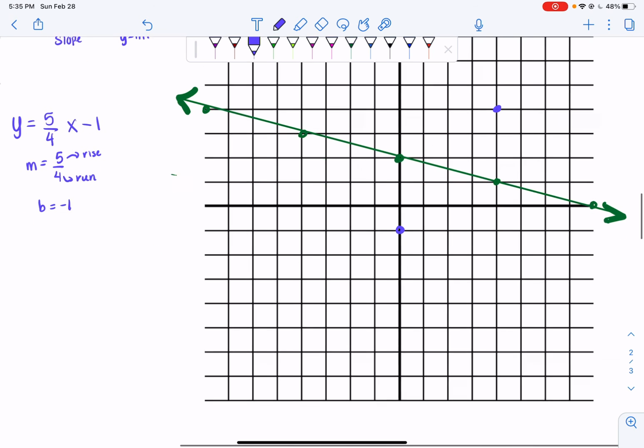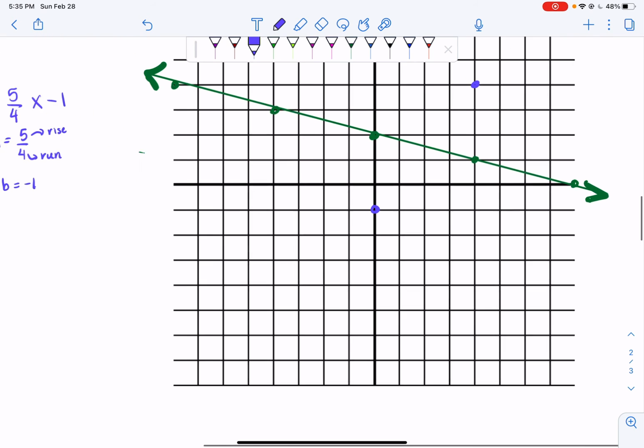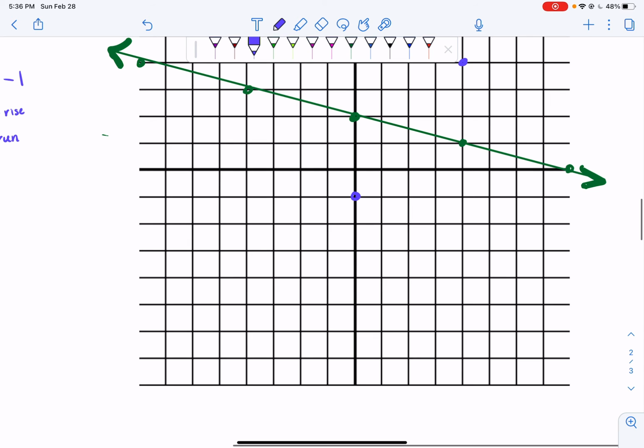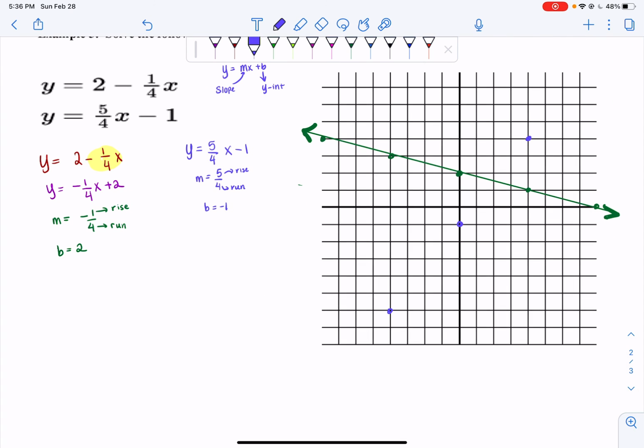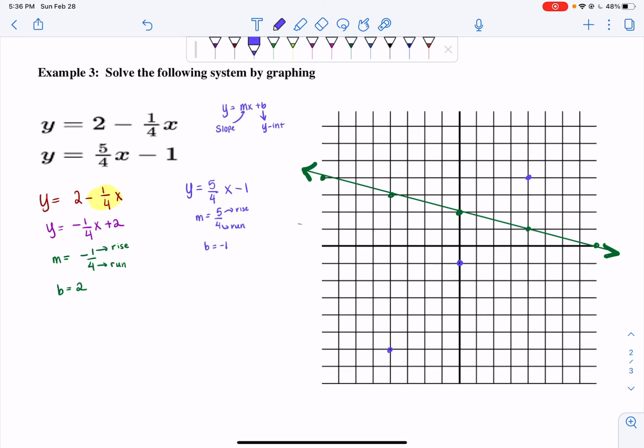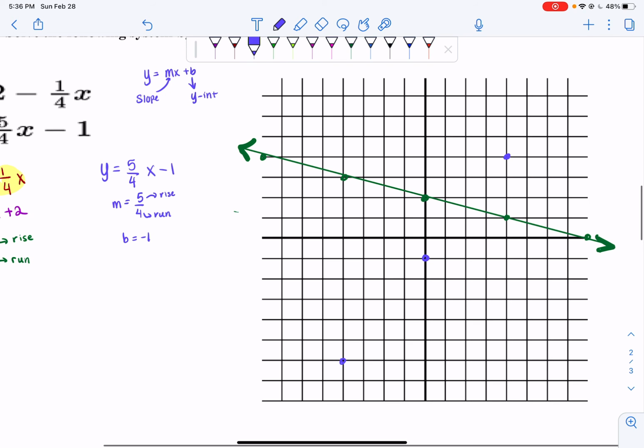I ran out of room, so now I'm going to go down 5 over 4. 1, 2, 3, 4. 1, 2, 3, 4, 5. 1, 2, 3, 4. So now I have this. And now I'm going to just draw a line going through these points.